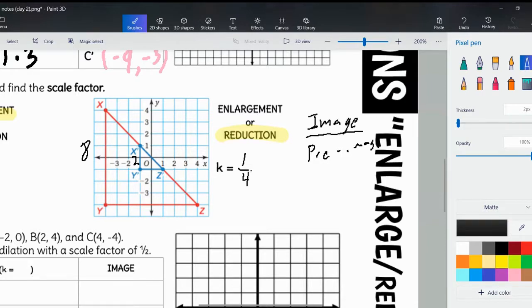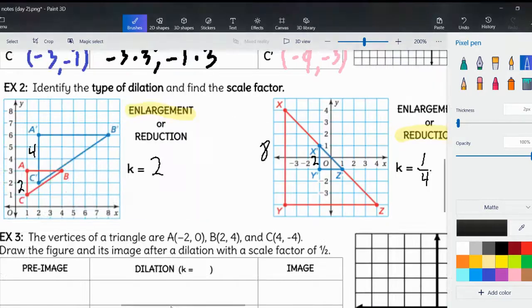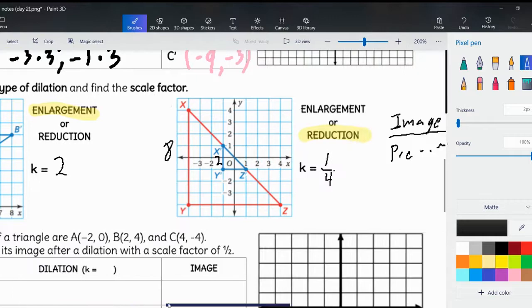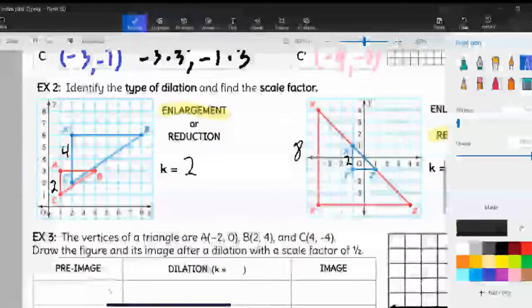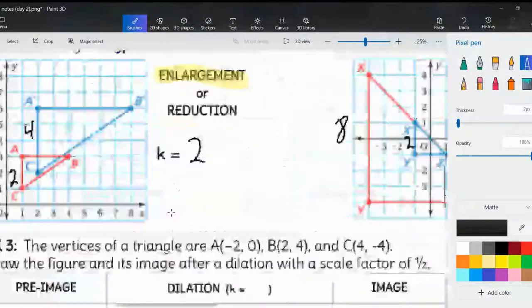So 2 divided by 8 would be 0.25 or 1/4. You can do these in decimals or fractions. Doesn't matter either way. Know how to do both though. For this one over here, if we had 4, the image, divided by the pre-image 2, we would get 2. Okay, so that's how you do that. You just divide the side length of the image by the side length of the pre-image.